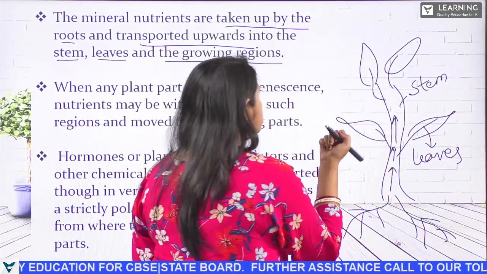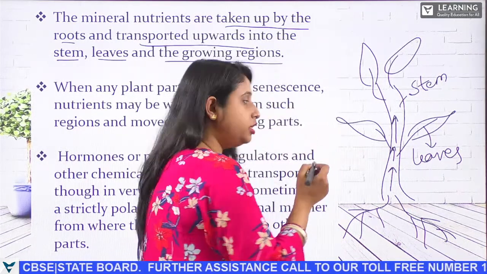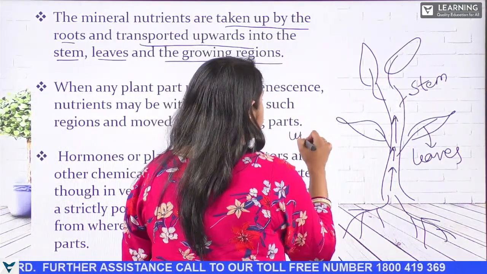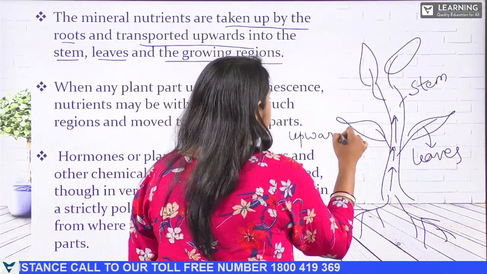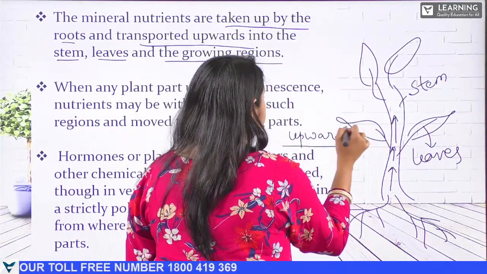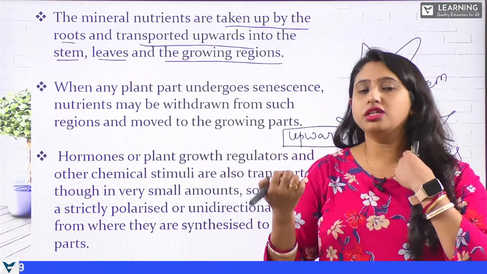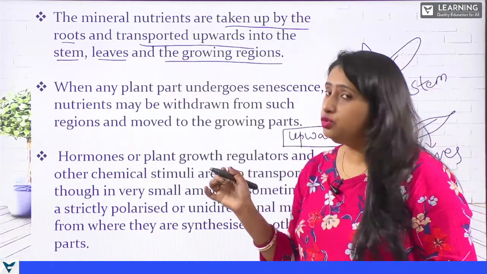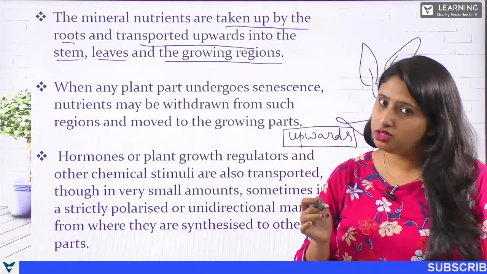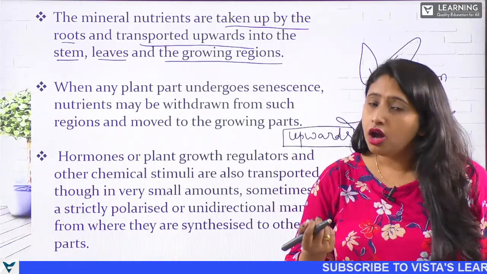In which direction is it transported? Upwards. The minerals are transported from the soil in an upward direction, to the stems and also to the leaves and the growing regions of the plants.